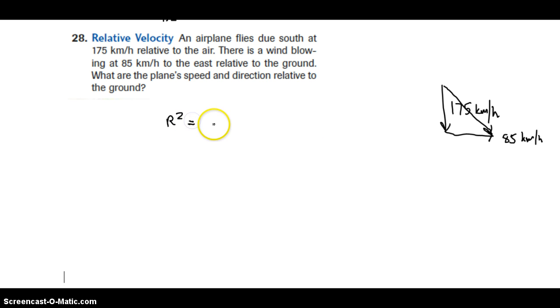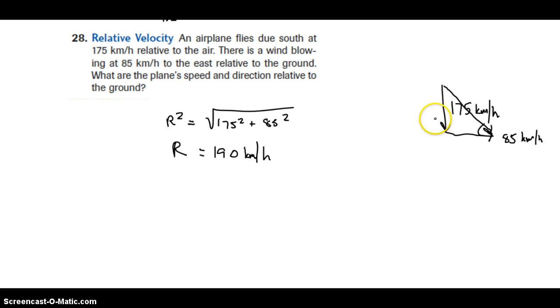Our resultant equals the square root of 175 squared plus 85 squared. And that's going to give us 190 kilometers per hour for our resultant vector. And then to find the angle, we can use this angle here.